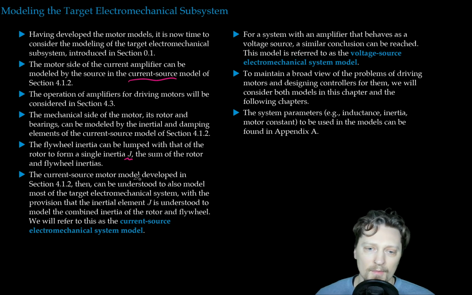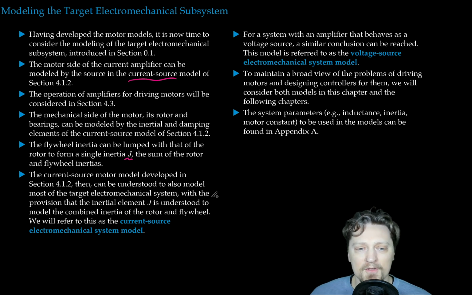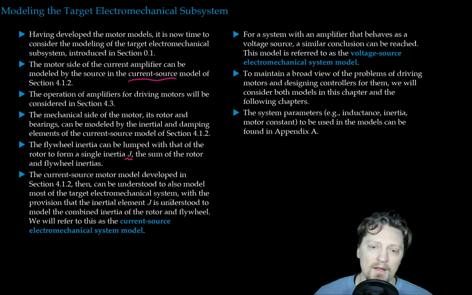The current source motor model, developed in the previous section, can then be understood to also model most of the target electromechanical system, with the provision that the inertial element J is understood to model the combined inertia of the rotor and flywheel. We will refer to this as the current source electromechanical system model.